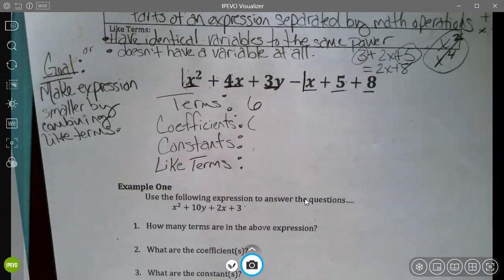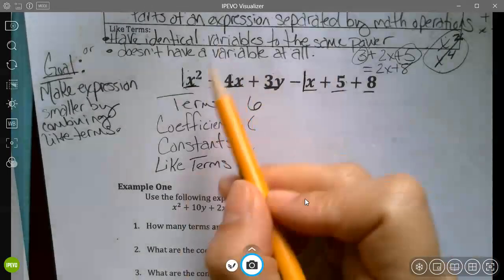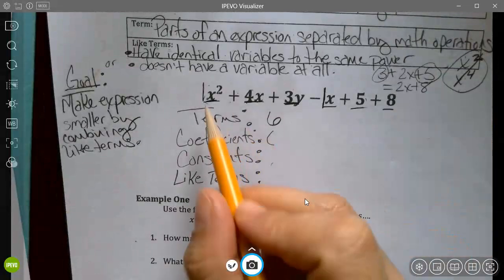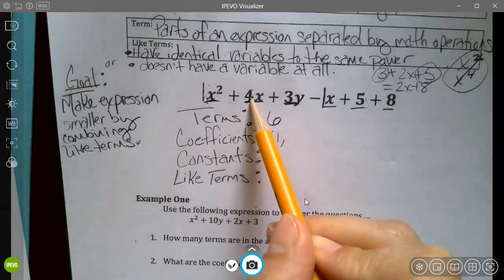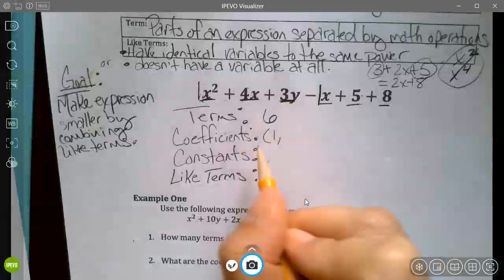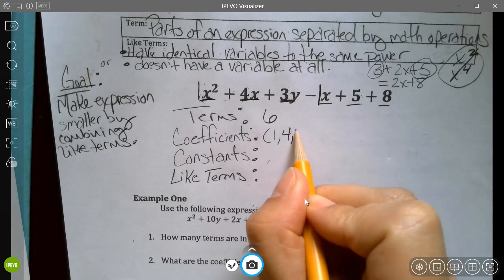Well, I'm going to put in parentheses just because I want to group these together. Well, what's my first coefficient? Remember, it has a variable with it. It's being multiplied. Well, in this case, 1. My next term, there's a 4 with my variable. My next term, there's a 3.